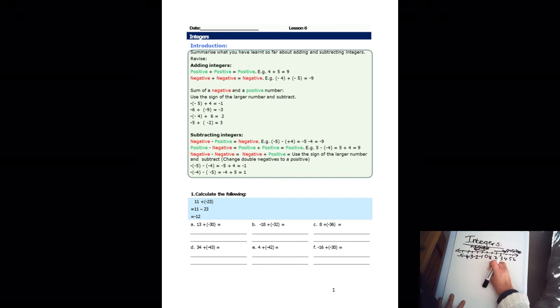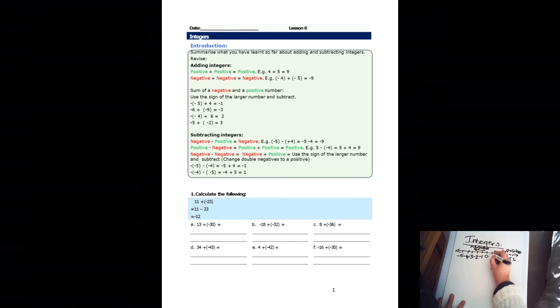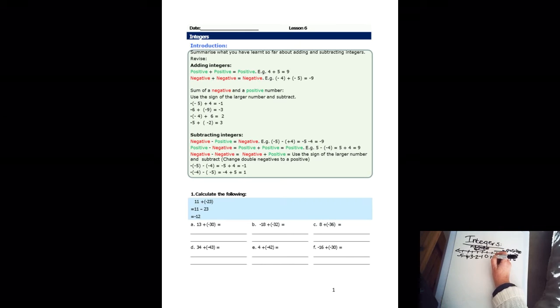Okay, so remember this, because up until now we've dealt only with positive numbers, but it's important to remember that we now are dealing with negative and positive, so the answer can actually move into the negatives.